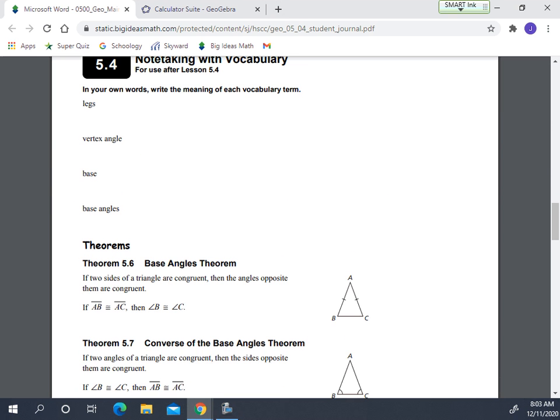So in your own words, we're going to write these meanings down. Let me get my book out here. Find their definitions in the book so they can lead you in the right direction.